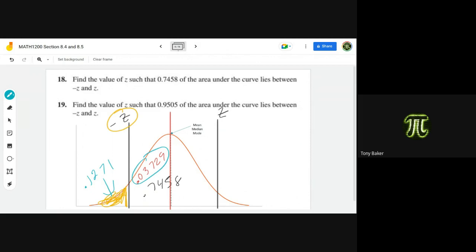Oh, wait, sorry, I messed it up. It's not the zeros before it. It's 0.3729. The zeros were in the wrong spot. You're not wrong. I just put the dot in the wrong spot. Okay, now we should get the right answer.